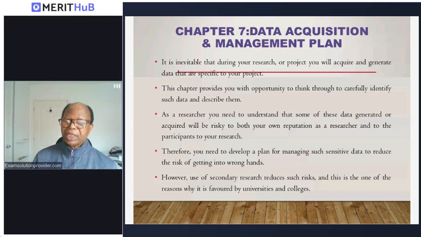Now, as a researcher, you need to understand that some of this data will be risky to both your own reputation as a researcher and to the participants in your research. Therefore, you need to provide the management plan.